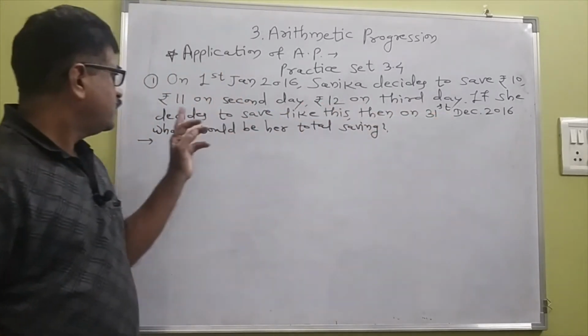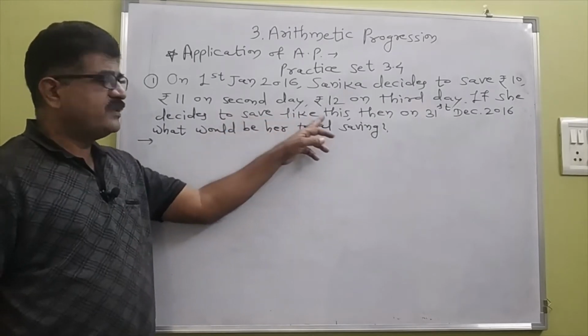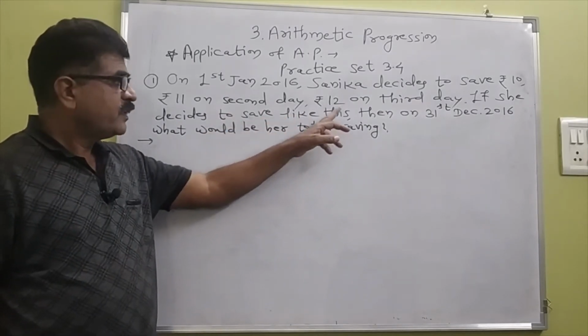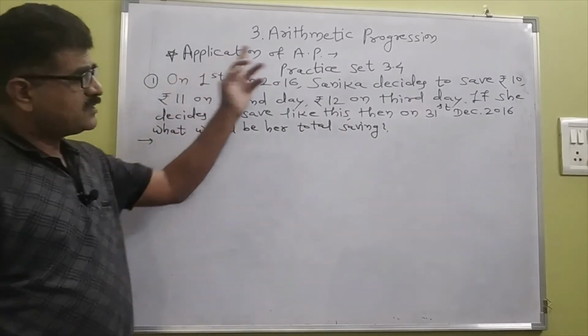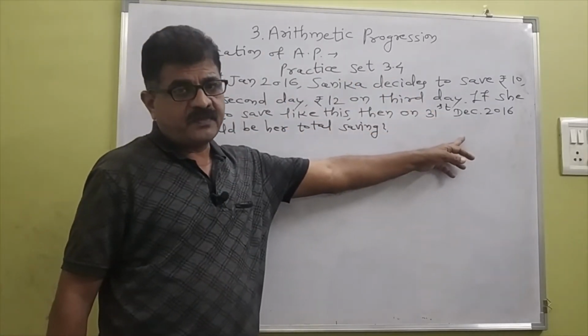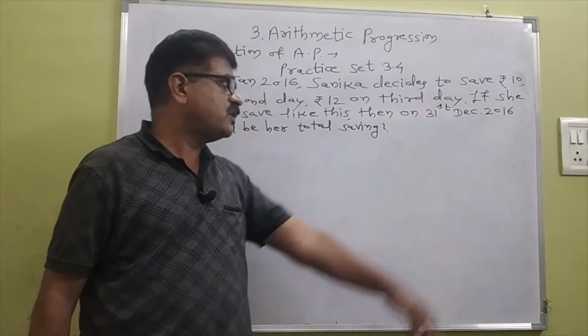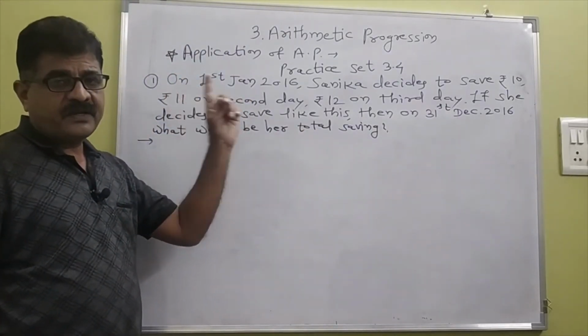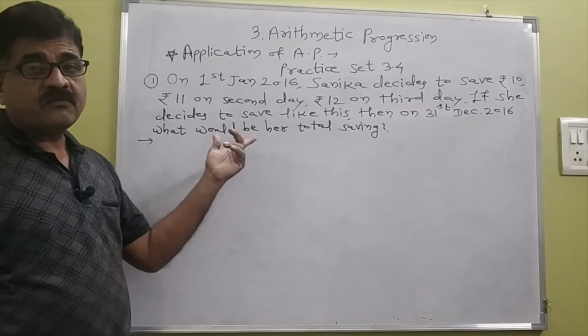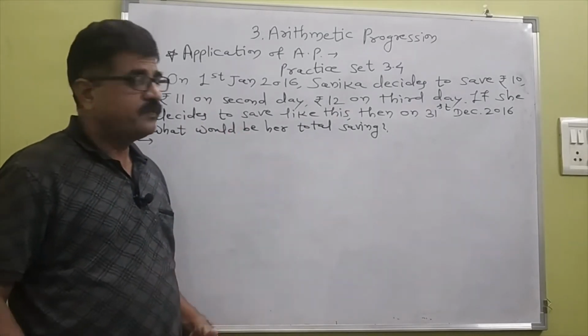If she decides to save like this, then on 31st December, the last day of this year, what would be her total saving? That is, throughout the year, what would be her saving?